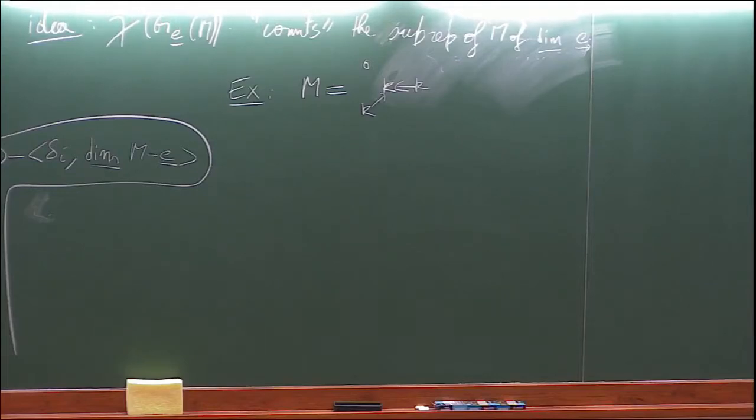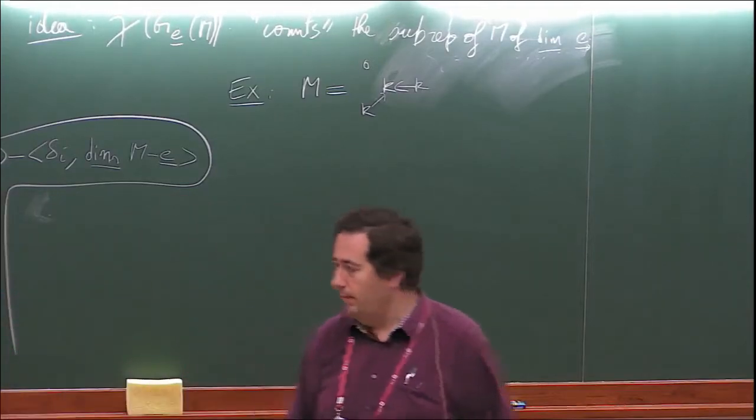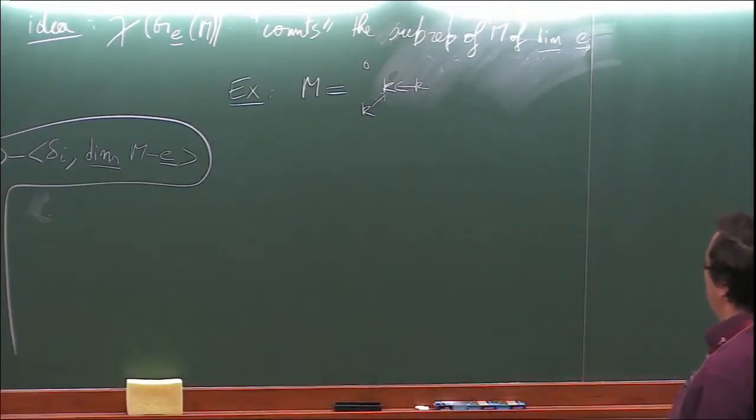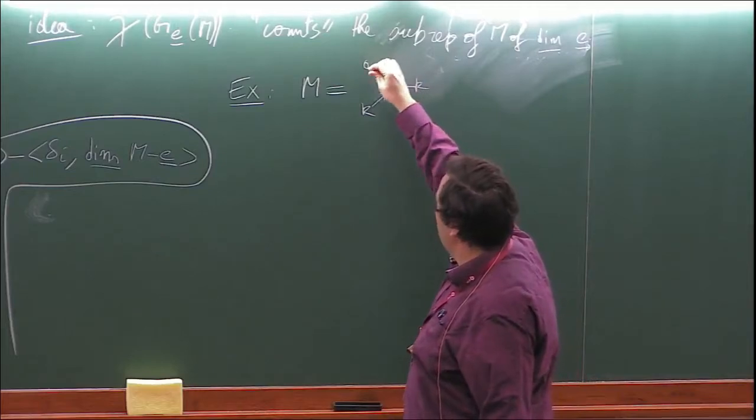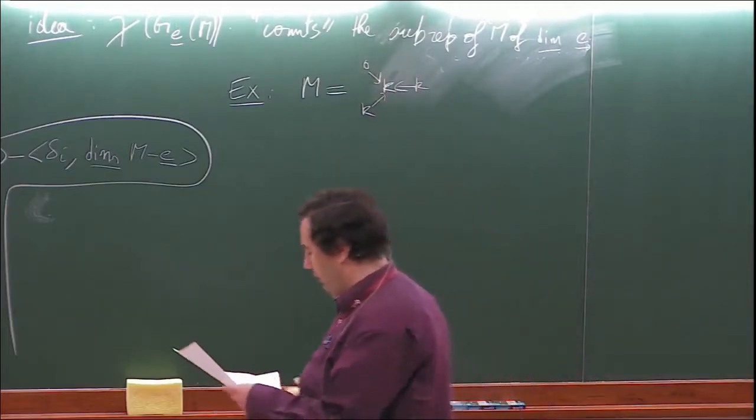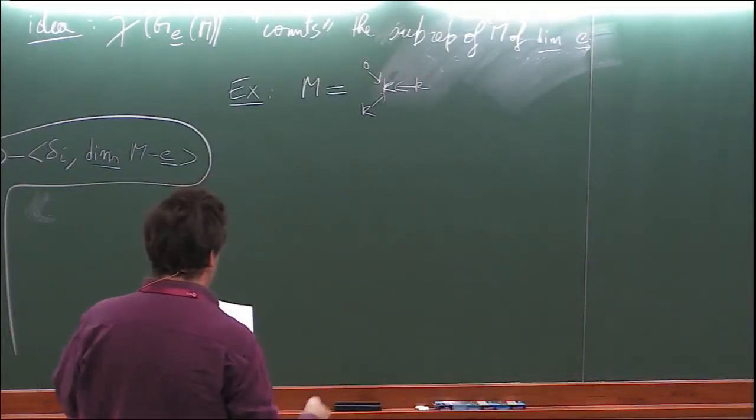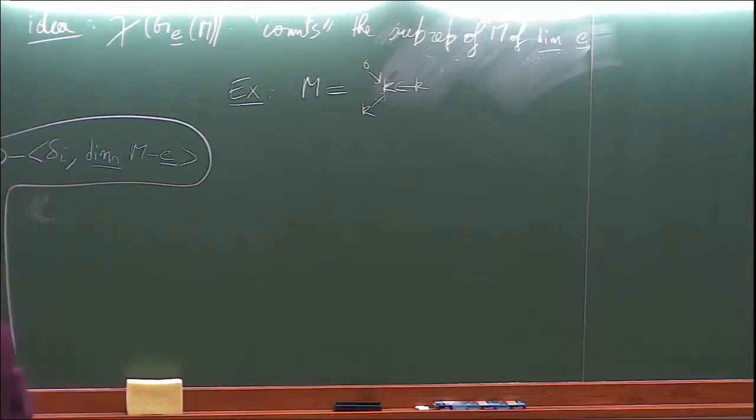I let you think about it. Now I'm taking this one, and when I just write arrows like that, it means that this is the identity, to simplify.